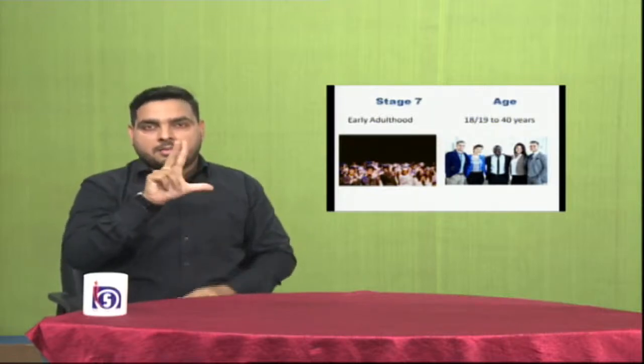Stage 7 is early adulthood, where the age is 18 or 19 to 40 years old, where they get a job, they start learning, they have more occupation, more experiences and better opportunities.